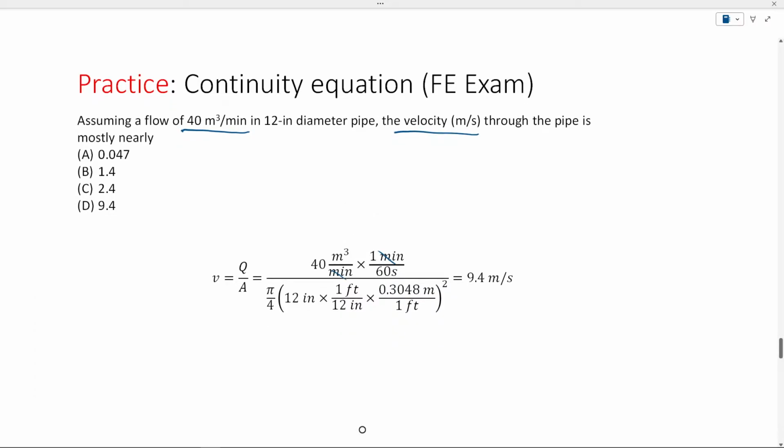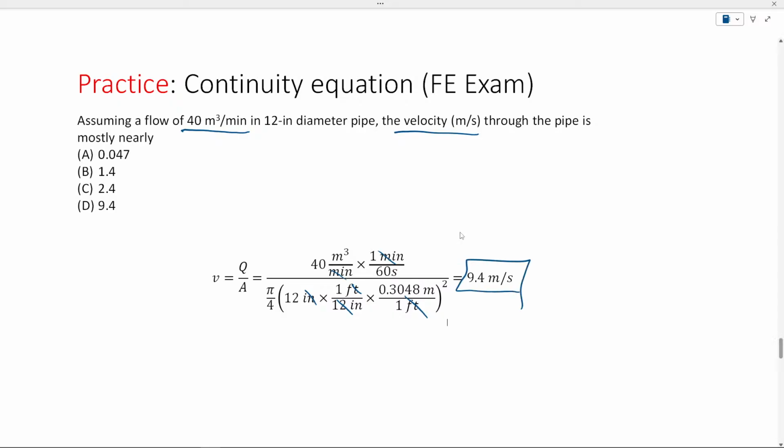Similarly, my diameter is in inch. 1 foot has 12 inch, so the inch here will go with the inch here. And 0.304 meter will have 1 foot, so the foot here will go with the foot here. So I will end up with meter squared, and I get something like 0.94 meter per second.